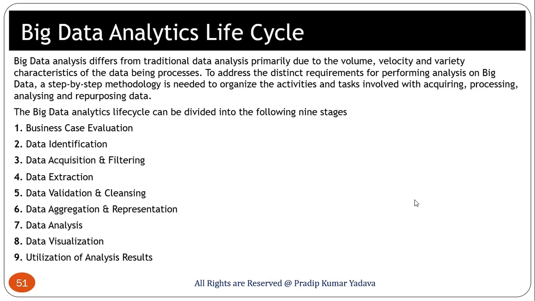Then we have to filter data, meaning removal of some corrupt data and some unused data. Then data extraction means finding valid data, then validating it. Then we have to combine all the data before the data analysis. Then we have to analyze the data, then visualize the result, and according to the result we are going to use that data in our future plan.